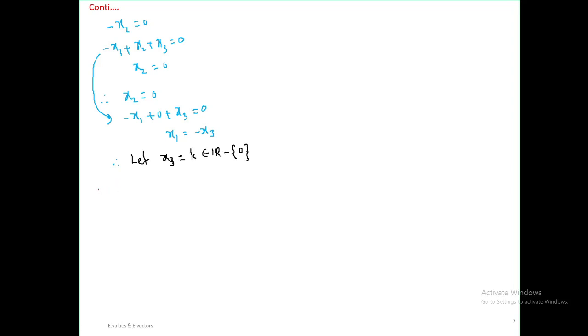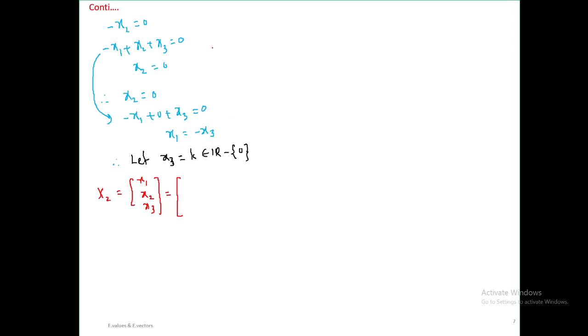So therefore, the second eigenvector I am generating is x1, x2, x3. And substitute back all x1, x2, x3. What is the x1 value? X1 value is minus x3, but x3 is equal to k.